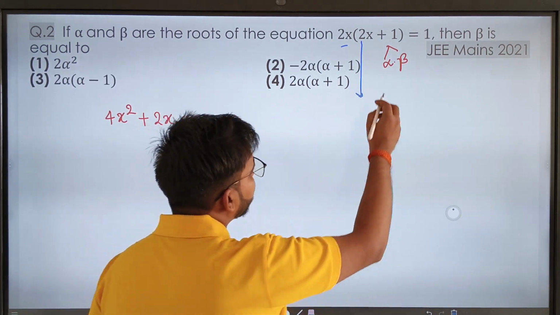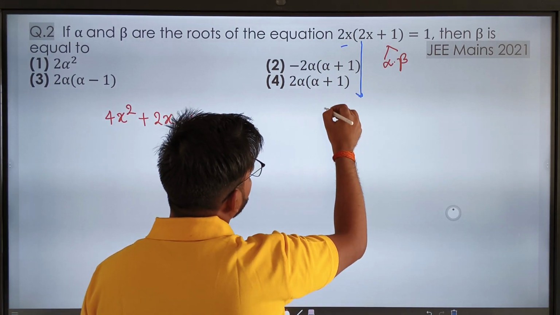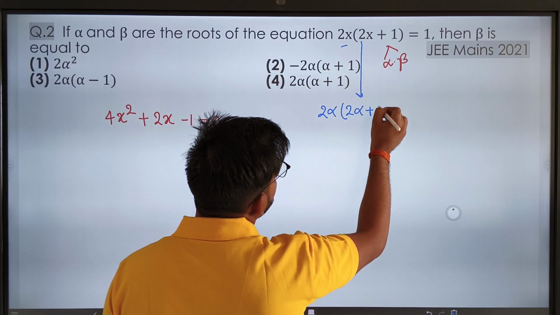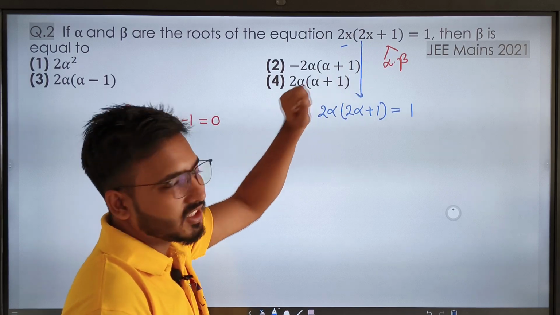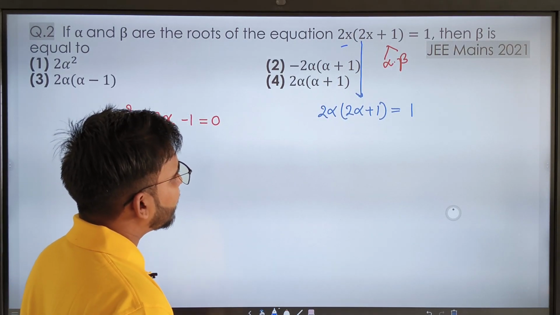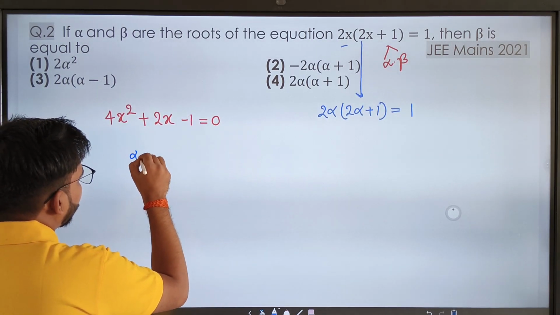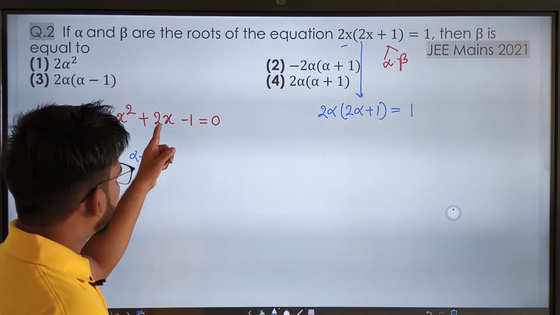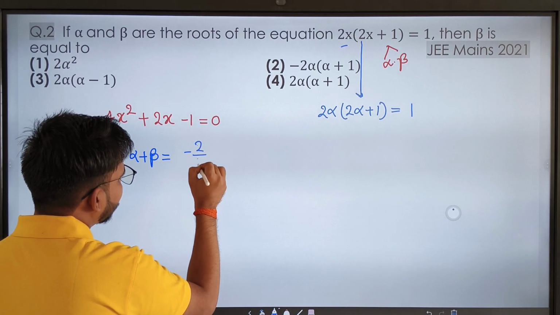Okay, if I put alpha in this equation, I can write this as 2 alpha into (2 alpha plus 1) equals 1. Now alpha satisfies this equation. Next, alpha and beta are the roots, so I know the sum of roots alpha plus beta is going to be equal to, for this equation, minus b, that is 2, divided by a, that is 4.